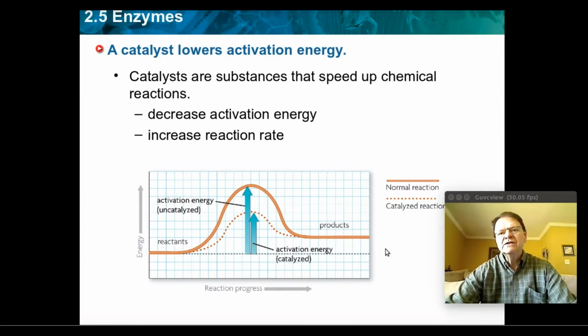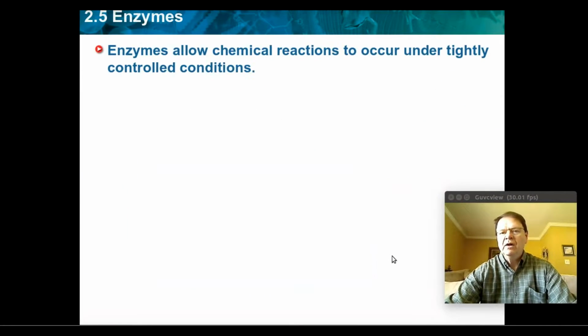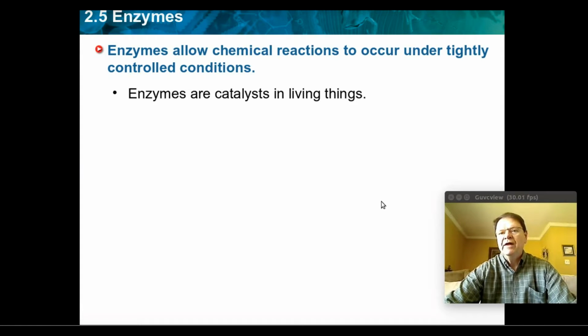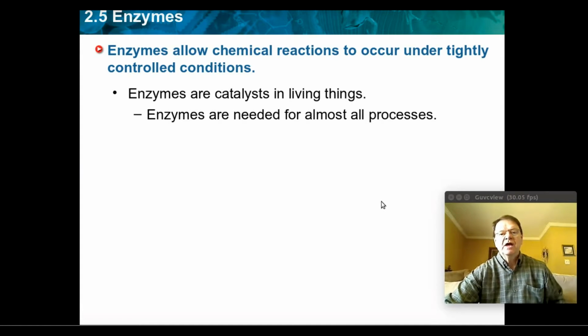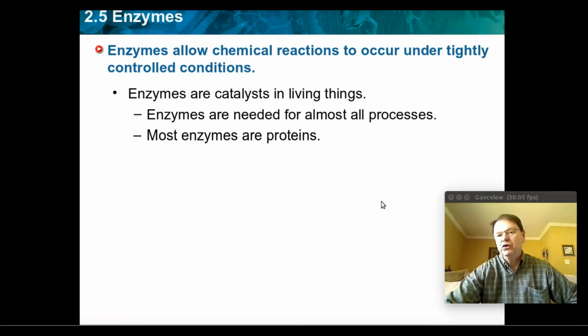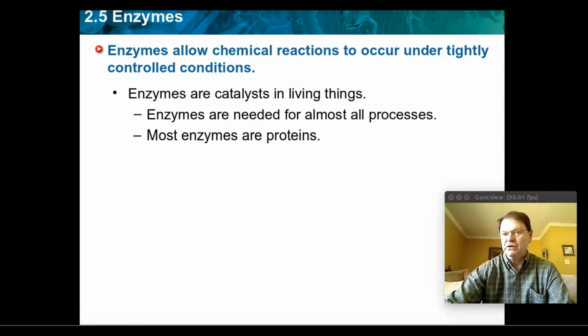Now, what does this all have to do with enzymes? Well, enzymes allow these chemical reactions to occur in our bodies and other living things under very tightly controlled conditions. They also are catalysts. The vast majority of those are proteins. And so there's literally thousands of chemical reactions that enzymes manage in our cells all the time.